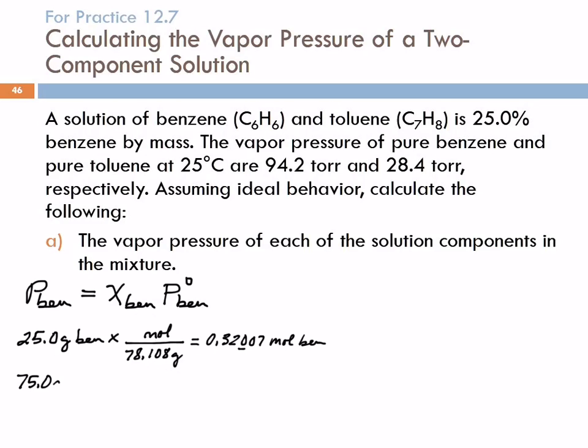Then I must have 75 grams of toluene. I'm going to call him tol. We calculate the molar mass of toluene. Correct me if you find any mistakes. I got 92.134 grams per mole. And doing the math there, I get a number of moles of 0.81403 moles of toluene.